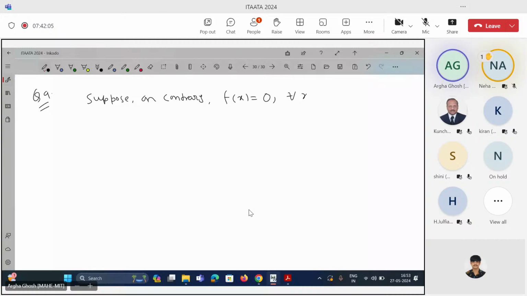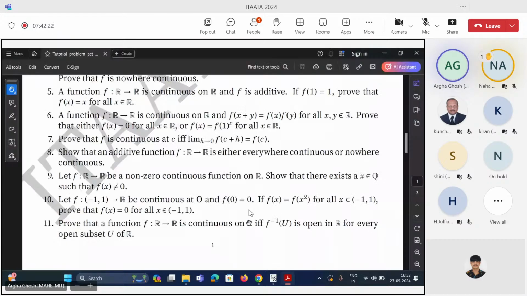We assume that there exists a point C where f of C is not 0. What you have to prove is that f is a non-zero continuous function on R, so there exists a rational number at which f of x is not equal to 0. What is the opposite statement?